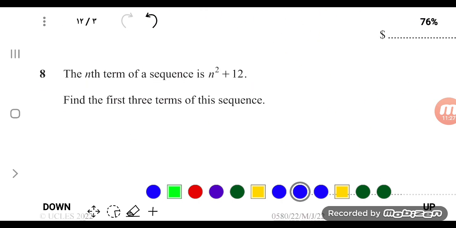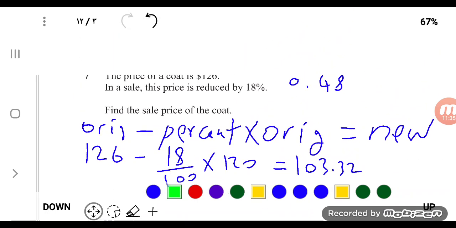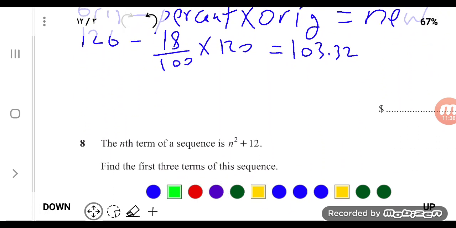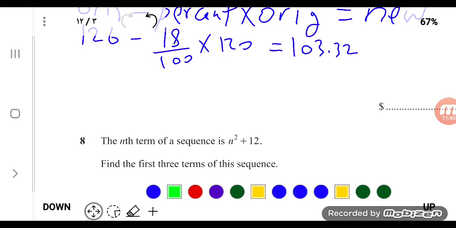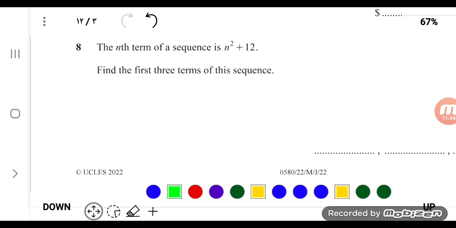Okay, let's see next one. So this is question number 7. Now number 8. The nth term of a sequence is n squared plus 12. Find the first 3 terms of the sequence.